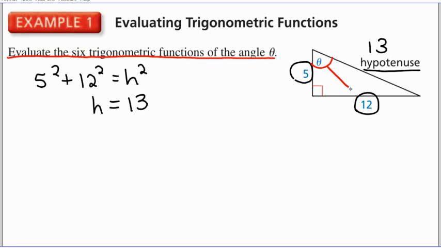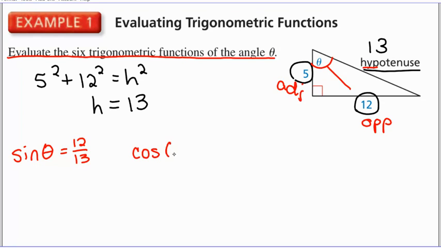So that means that this side down here is the opposite, this side right here is adjacent, and this side is the hypotenuse like we've already established. So sine of theta is going to be opposite over hypotenuse, so that's going to be 12 over 13.